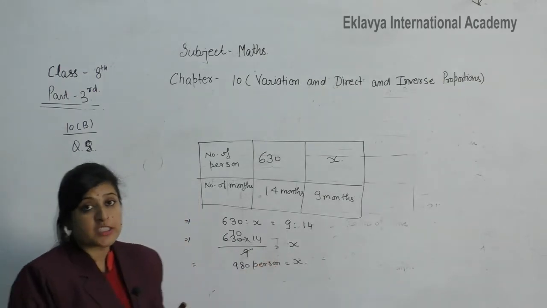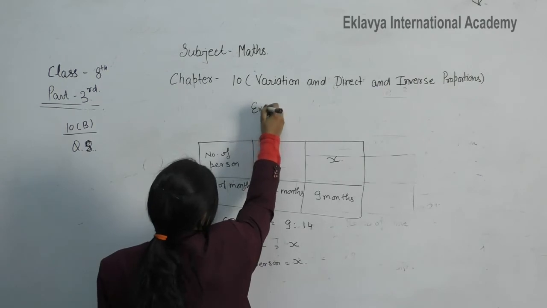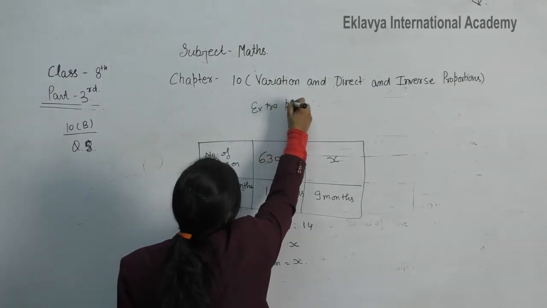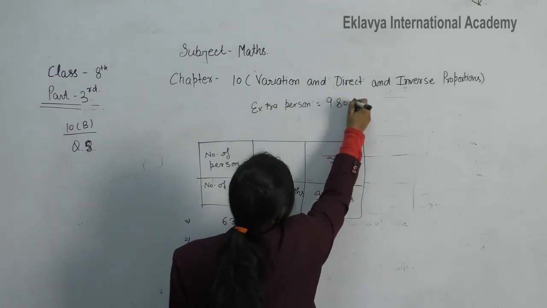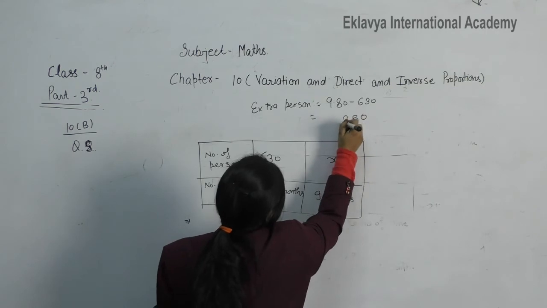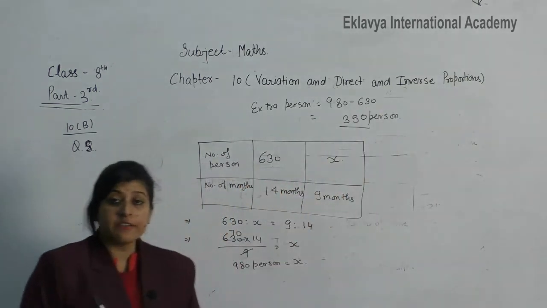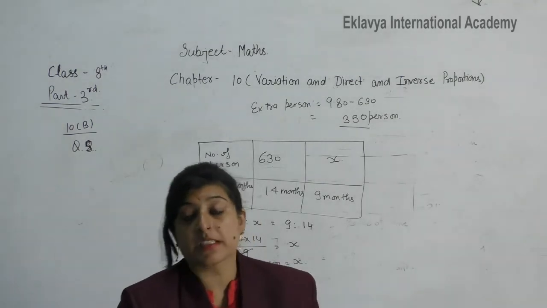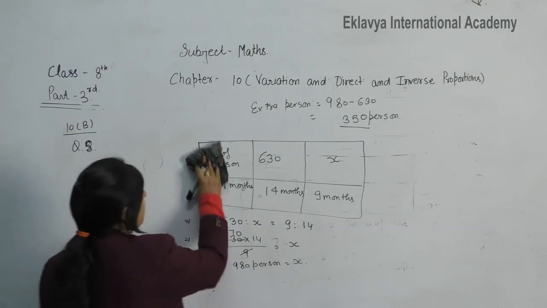But your question is how many extra persons are required. So extra persons is equal to 980 minus 630, is equal to 350 persons. That 350 persons are required, extra, to complete this work in 9 months.